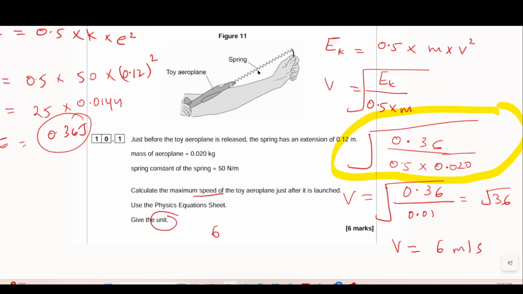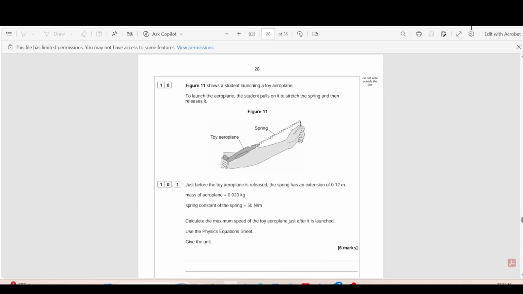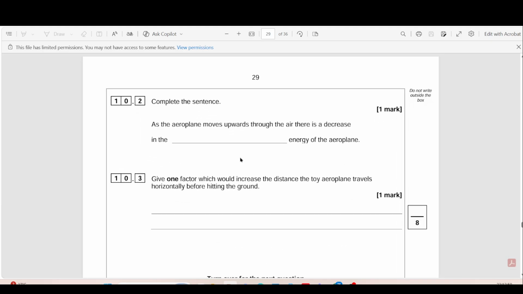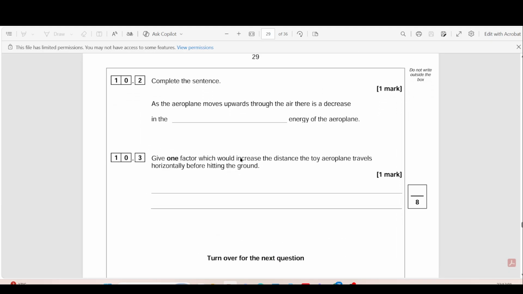So what is the unit of speed? Meters per second. Complete the sentence: as the airplane moves upwards through the air, there is a decrease in the... Isn't there an increase in gravitational potential energy?